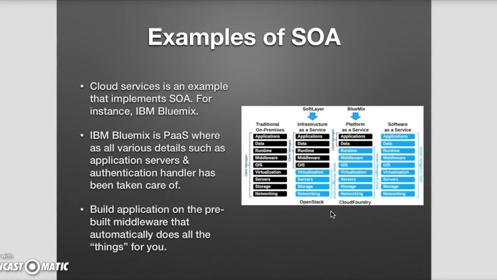IBM Bluemix is a platform as a service, which means all various details such as the application server and authentication handler are taken care of by the cloud, which means the client just has to care about how to build the application, how to use this data among these services, and to build software out of it. So it's building an application on pre-built middleware, which is IBM Bluemix, that does all the things for you automatically. So this is IBM Bluemix.